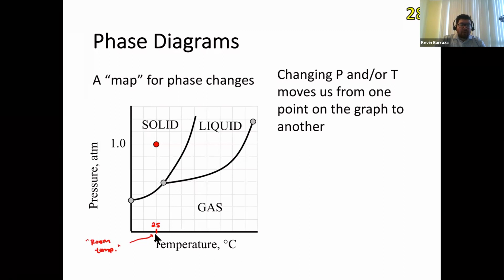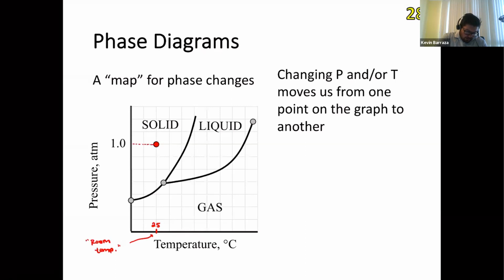So if we were at room temperature and we want to know what kind of phase my substance will be, we can use this graph to help us, because I'd locate room temperature here, and let's consider that my room is at normal pressure. The phase of matter my substance will be is where my normal temperature intersects with my normal pressure. And if we recall, normal pressure is 1 atmosphere.